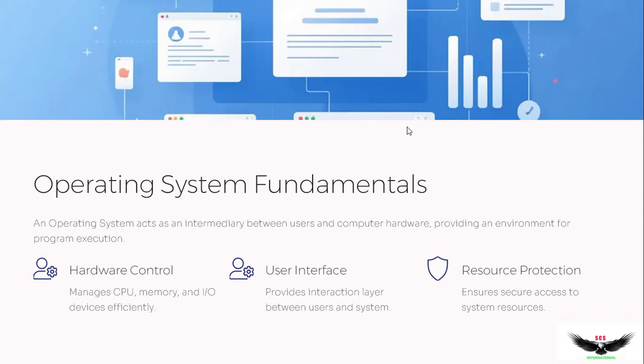System software, the operating system, provides interaction between a user and the system. It's an interaction layer between users and the system. As we control the computer, you have to have a layer for you to manage that computer.